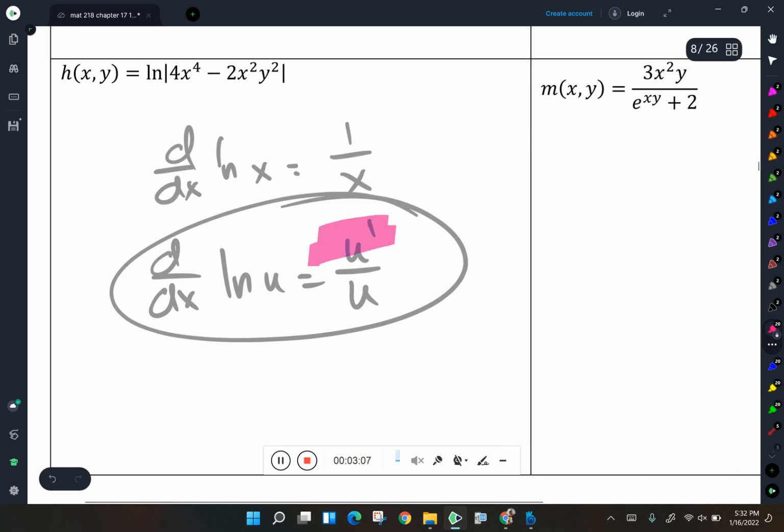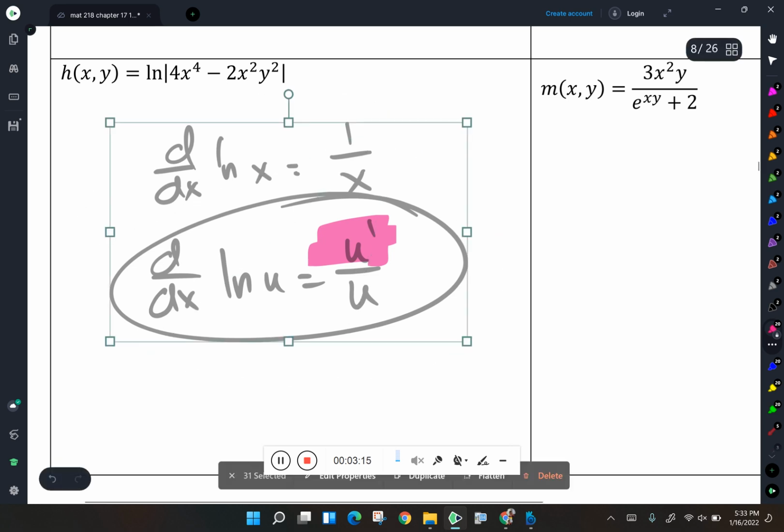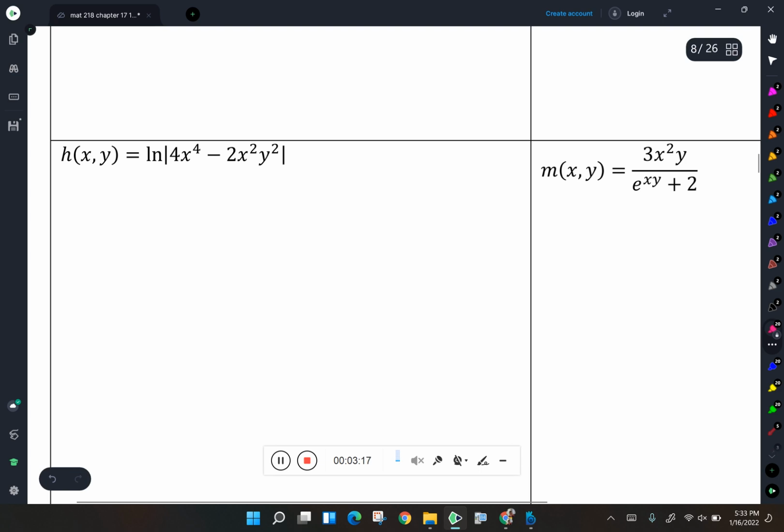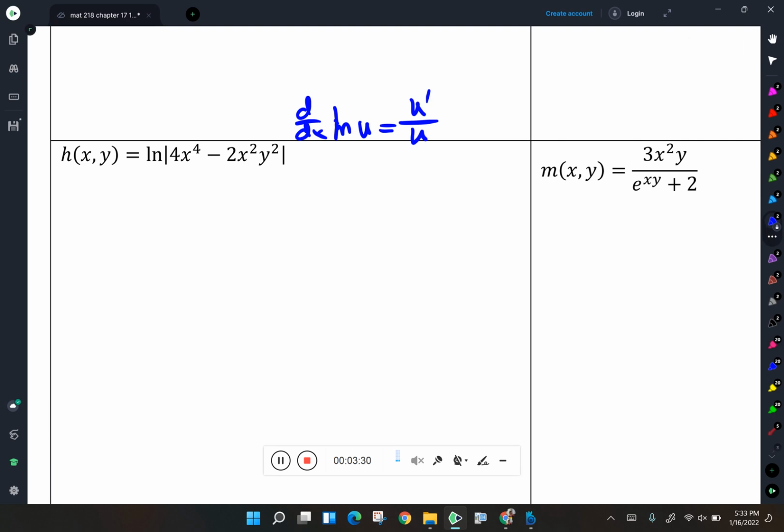When we take this derivative, we won't take a derivative, we'll take a partial derivative with respect to the appropriate variable. So I'll get that out of my way, and then I remember what I'm doing. I'll make a little note up here to myself: the derivative of the natural log of u is u prime over u. And I'll go ahead and start taking the derivative.